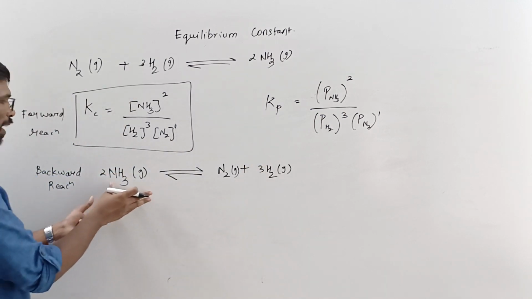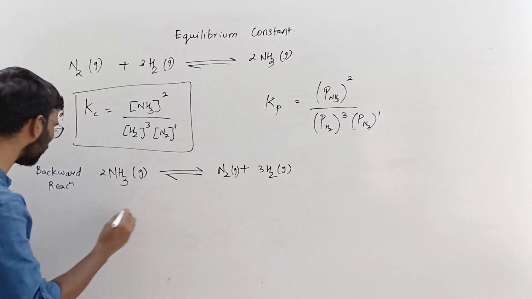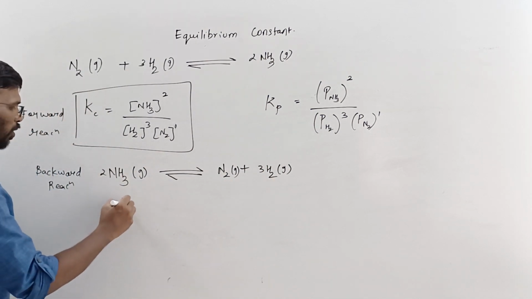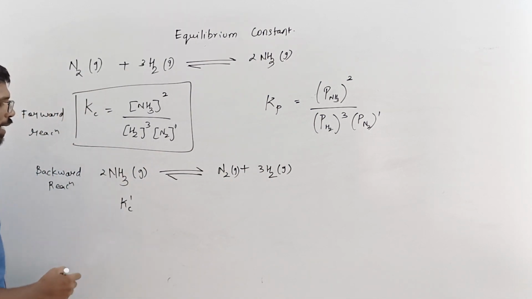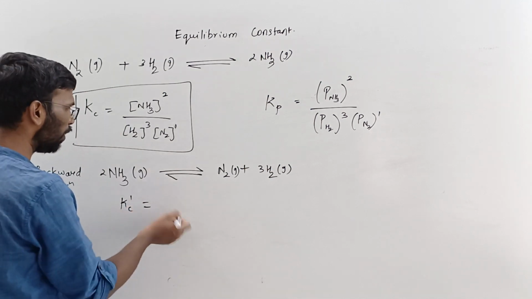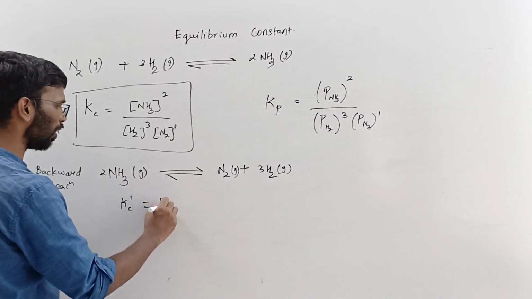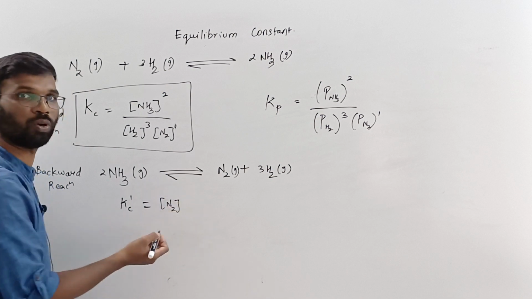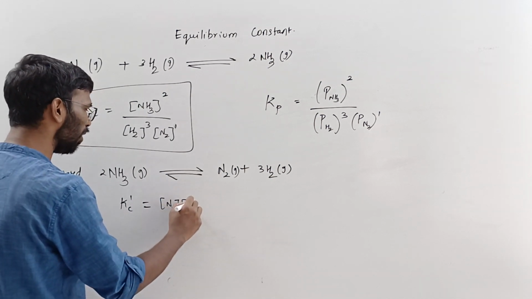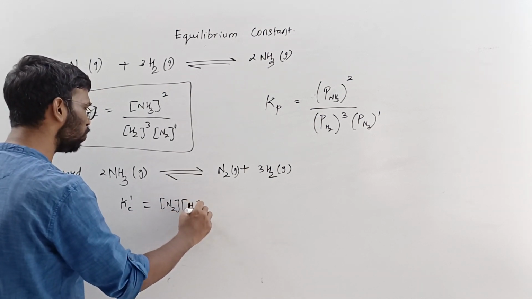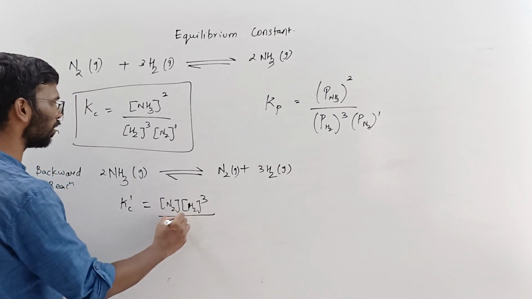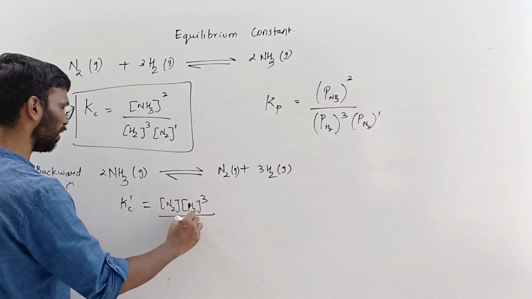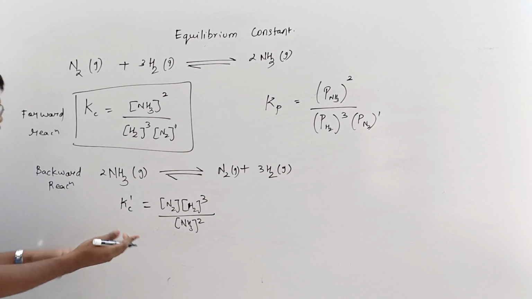So for the backward reaction, this is the reactant and these are the products. So what would be the Kc for this? I'll write this as Kc dash for the backward reaction. So it would be the concentration of N2 and the concentration of H2 raised to power 3, upon the concentration of NH3 raised to 2.